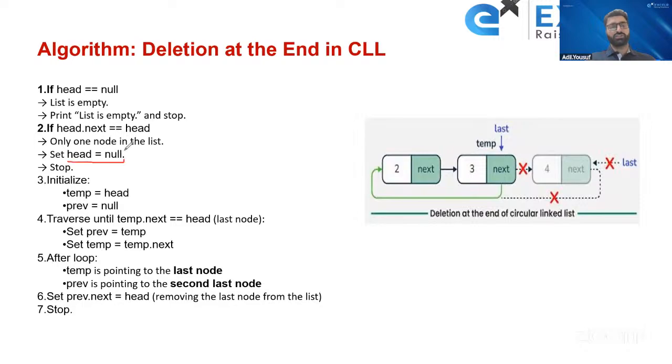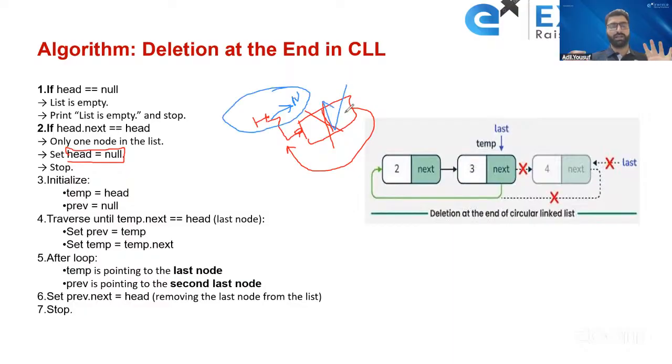Head is pointing to this node, and its next is pointing to itself. So in order to delete this node, we will set head equal to null, means we will point it to nothing. When we point it to nothing, this will get automatically removed. So this is how we delete a single node in a linked list. Then we will stop, and that is it.